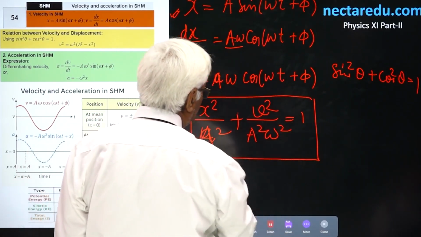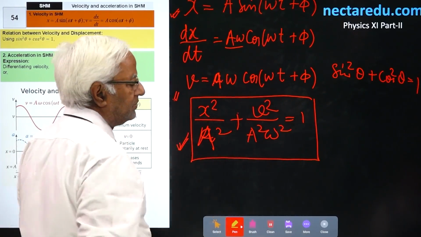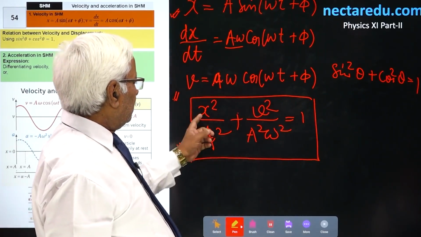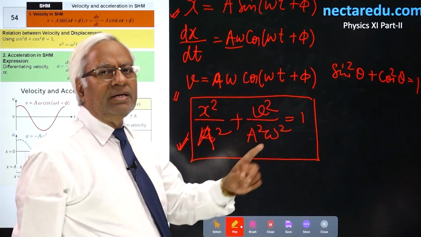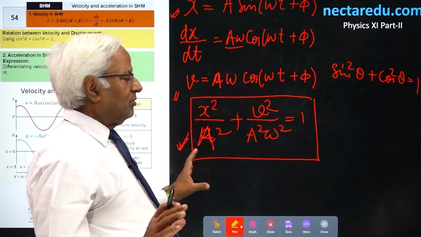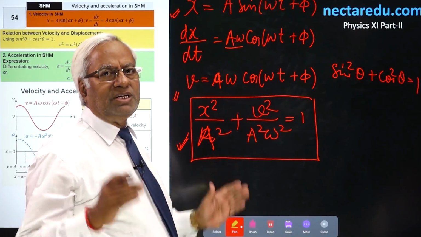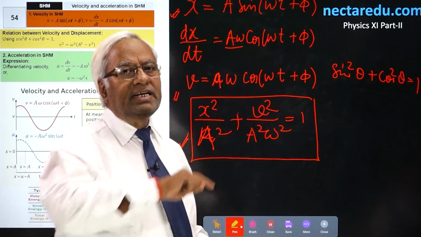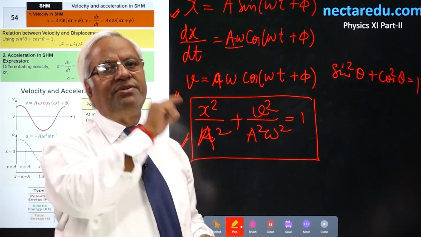If you remember, this is the equation for an ellipse, and the two axes, major and minor axis, are going to be x and v. So we could say confidently that velocity and displacement in simple harmonic motion are elliptically related.